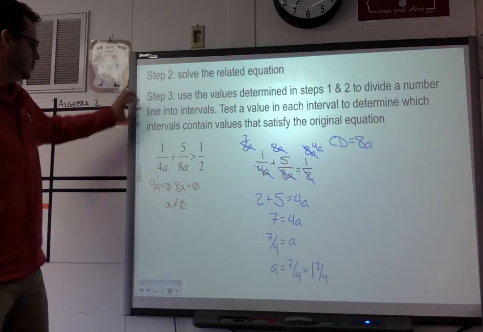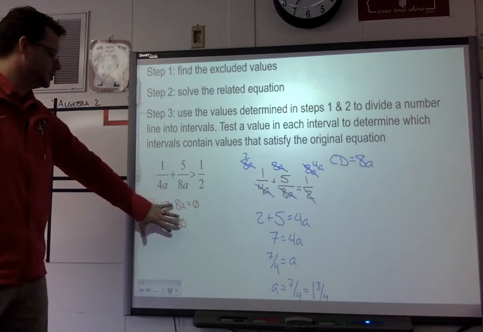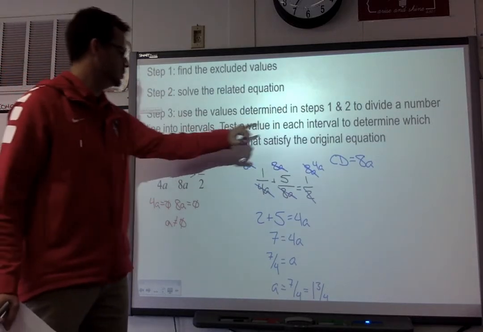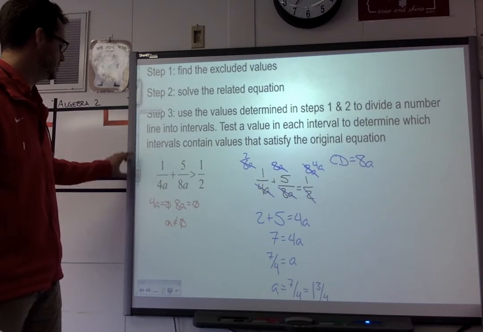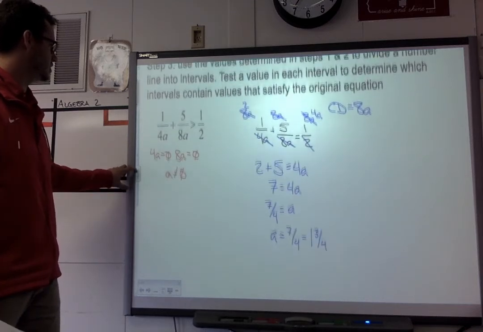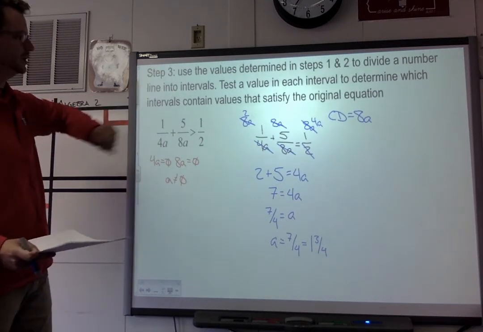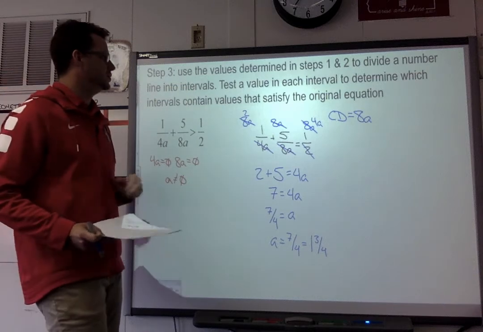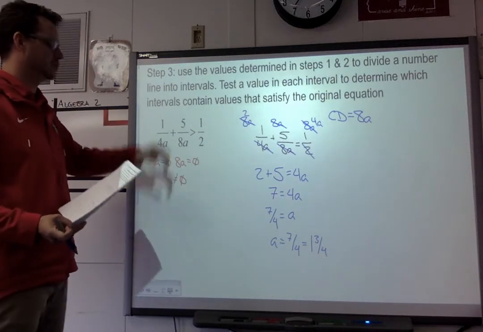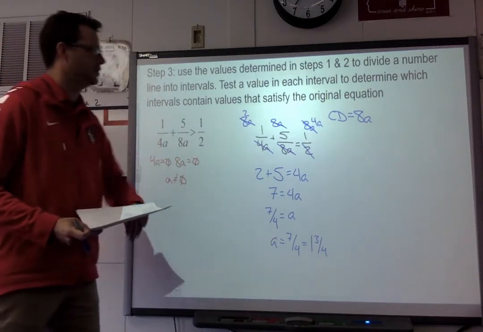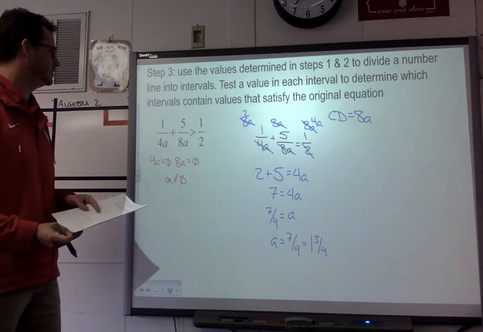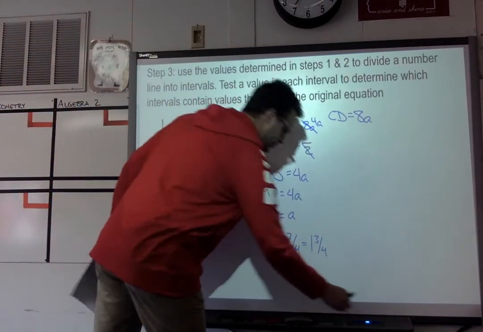So now, step 1, we found the excluded value. Step 2, we solved the related equation. Now in step 3, we use the values determined in steps 1 and 2, so 0 and 1 3/4, to divide a number line into intervals.